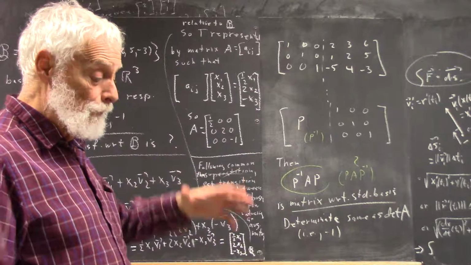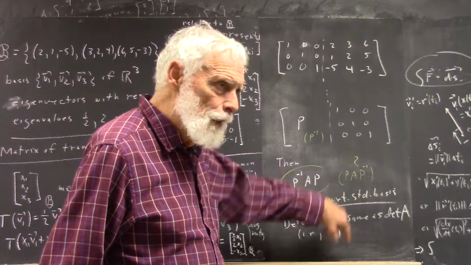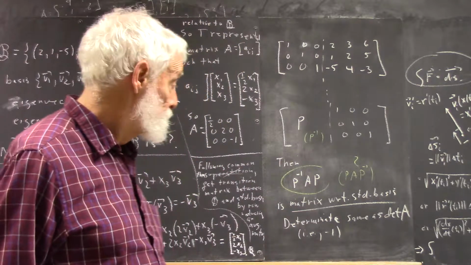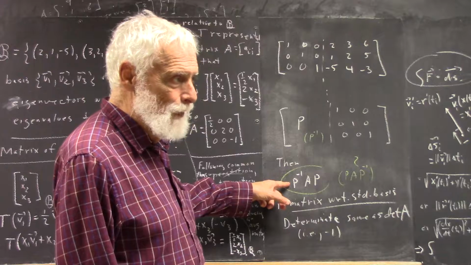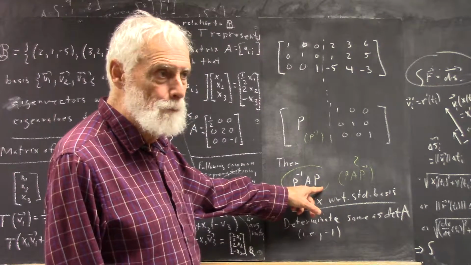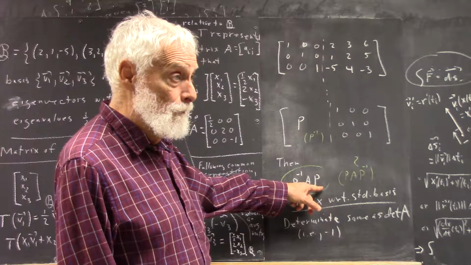That tells us things about volumes and a lot of other stuff. That's easy to prove, because the determinant of P inverse is the reciprocal of the determinant of P. This is one of the properties of determinants that you've known for quite a while now.